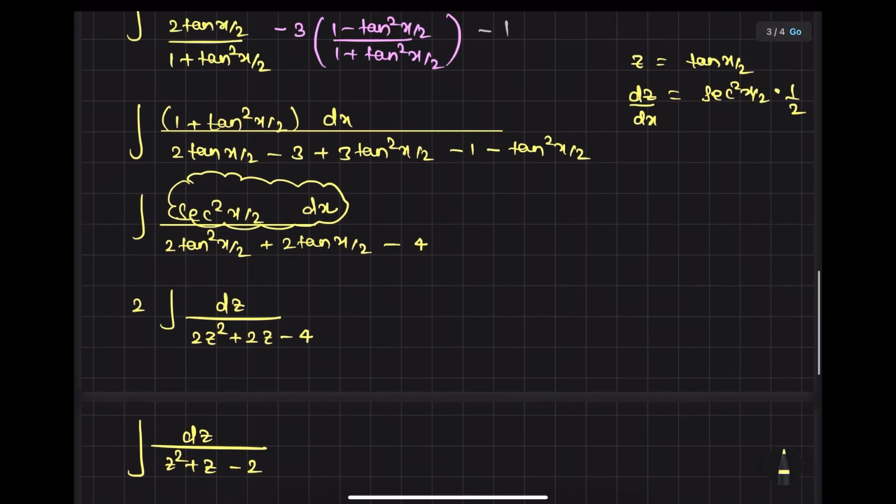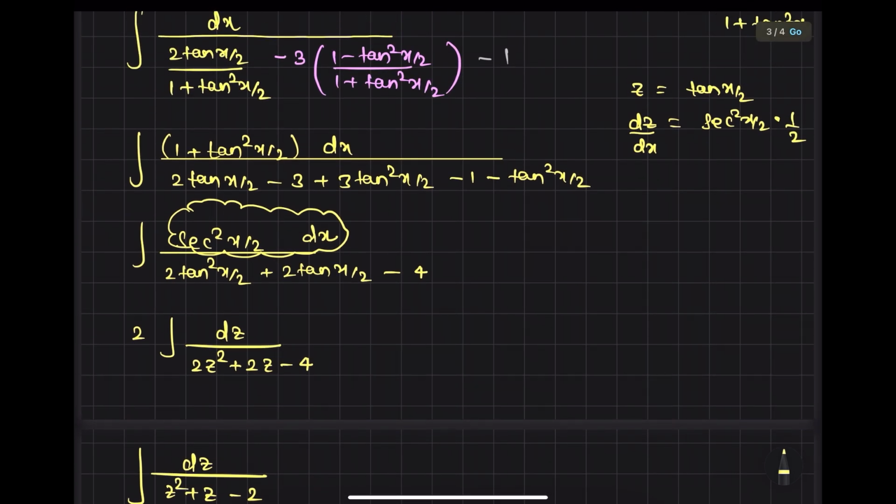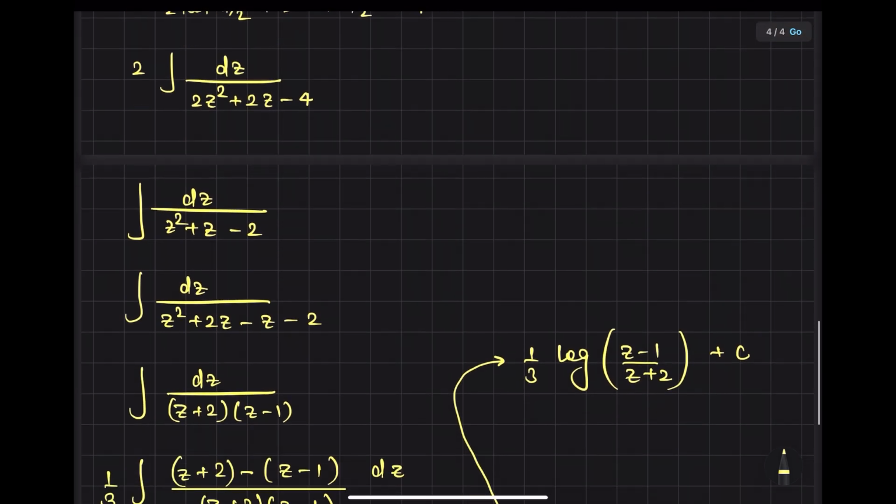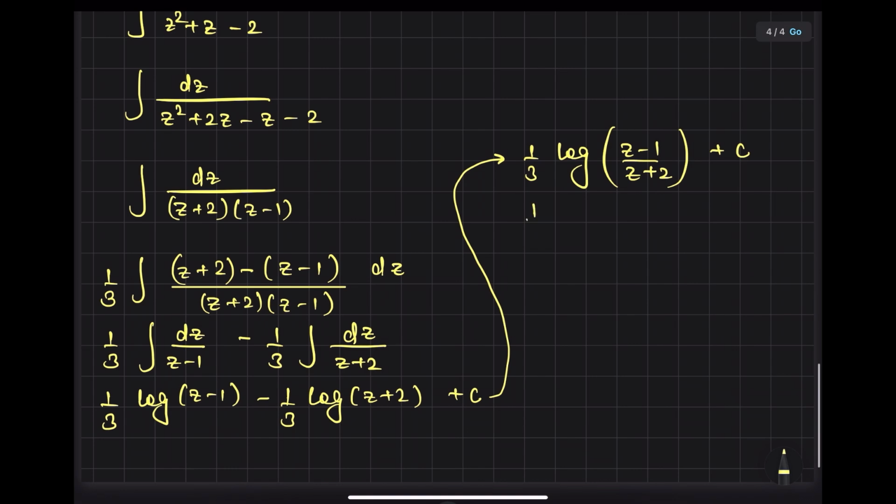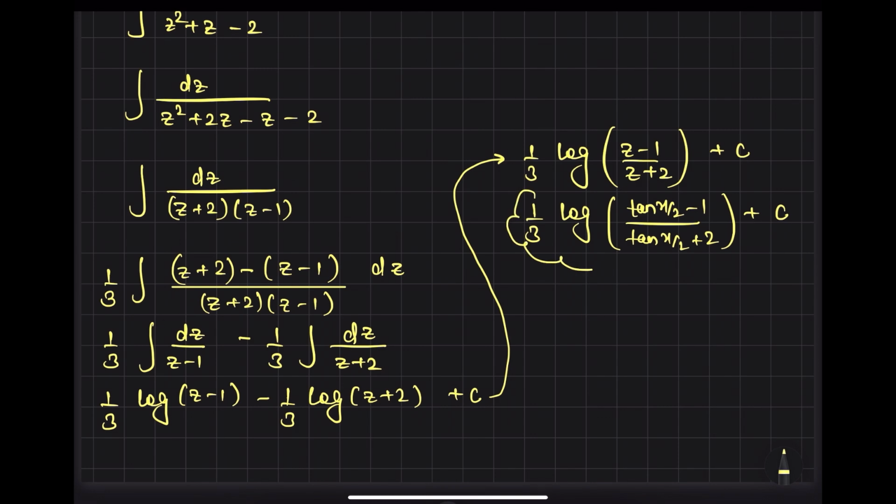Now who is z? z is tan x by 2. So apply the replacements. So it is 1 by 3 log of tan x by 2 minus 1 over tan x by 2 plus 2, with integration constant c. So this is your required answer.